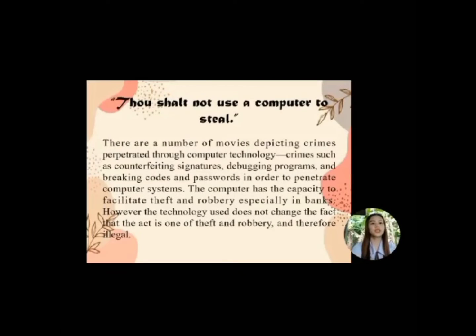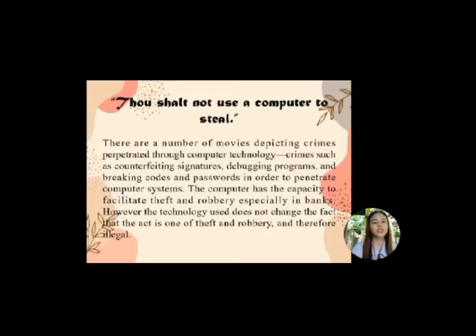Thou shalt not use a computer to steal. There are a number of movies depicting crimes performed through computer technology, such as countering signatures, hacking programs, and breaking codes and passcodes in order to penetrate a computer system. The computer has the capacity to facilitate robbery, especially in banks.